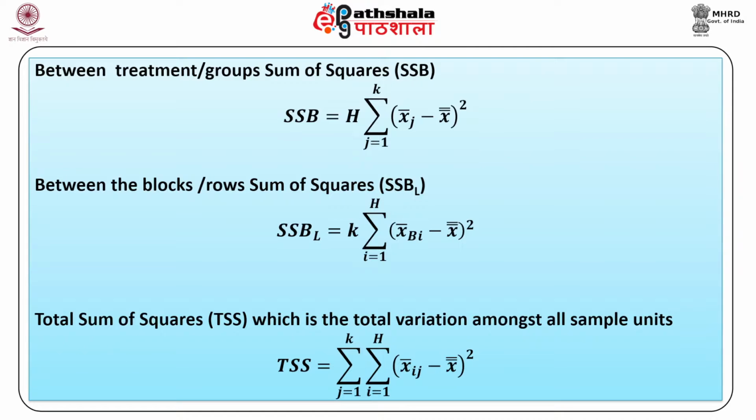So SSBL is equal to K into the summation of Xbi bar minus X double bar whole square, and the summation is over I, which ranges from 1 to H.